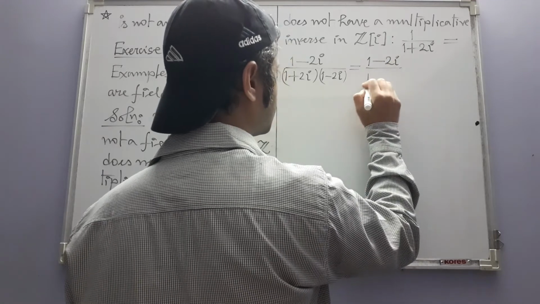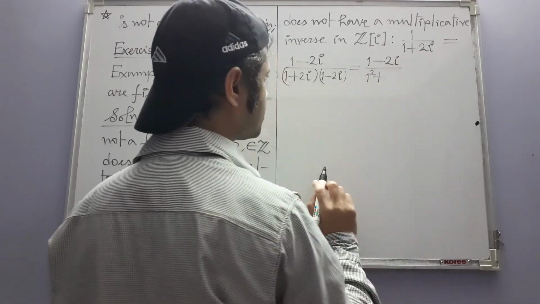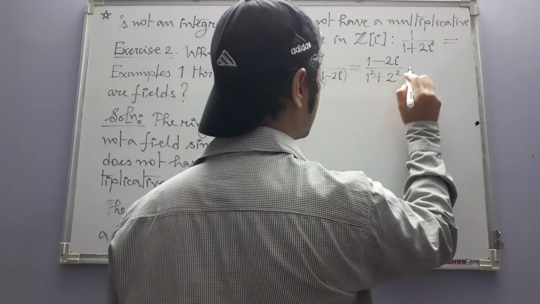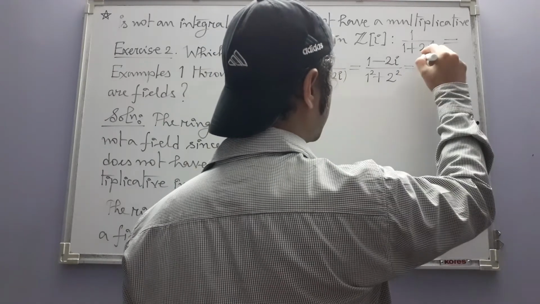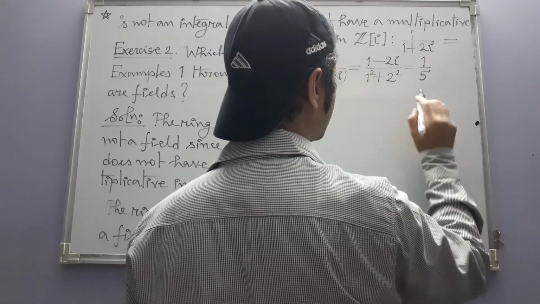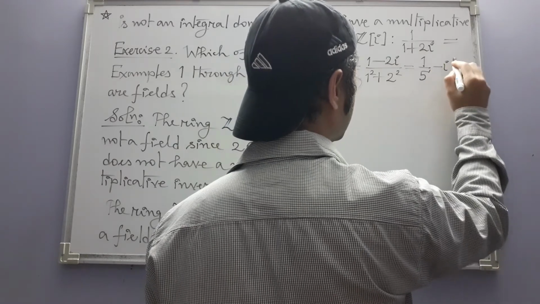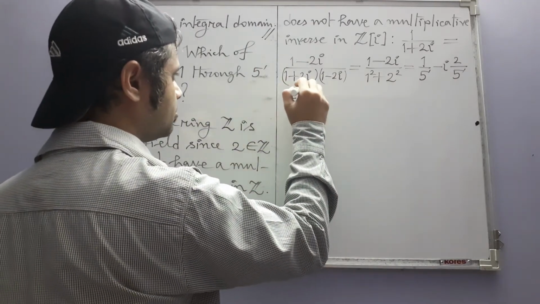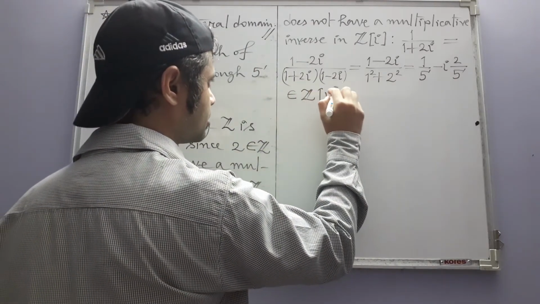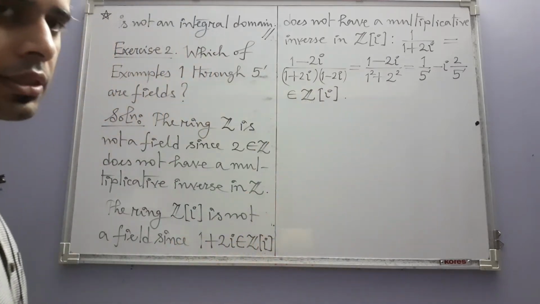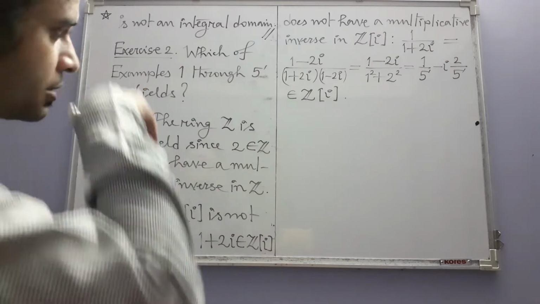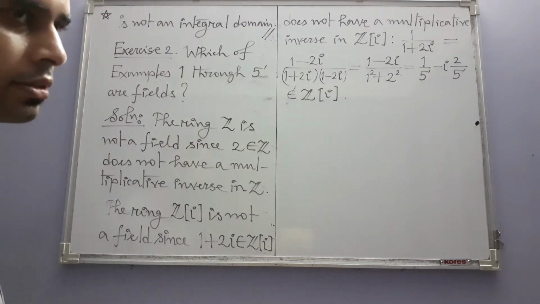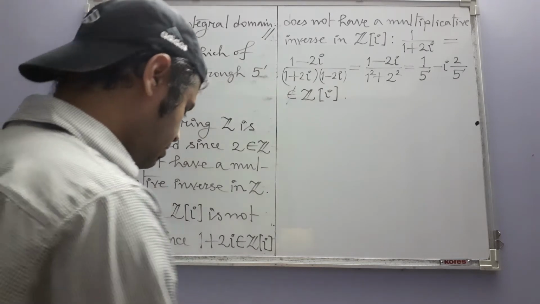So this will be what? 1 square plus 2 square, because minus i square will be plus 1, which gives you 5 in the denominator. So that means the real part is 1 over 5 and the imaginary part is minus 2 over 5. And this of course does not belong to the ring of Gaussian integers, because the real and imaginary parts are not integers. They are in fact non-integral fractions, rational numbers. This does not belong to this, and that is why there is no inverse, so it's not a field.